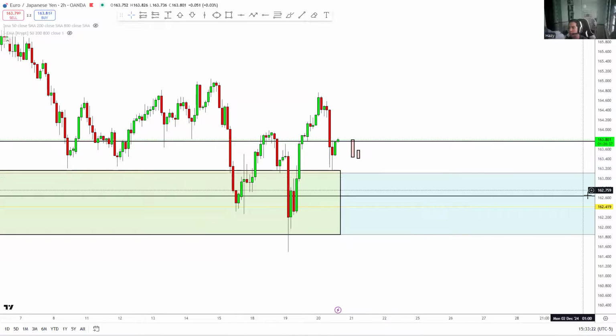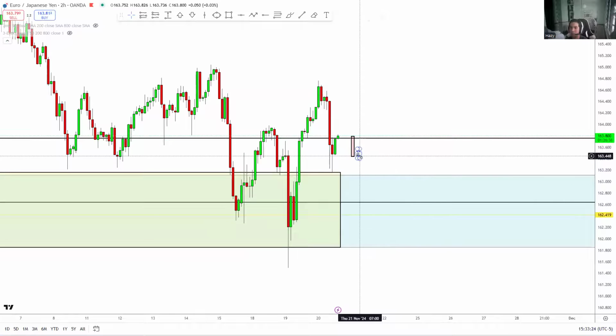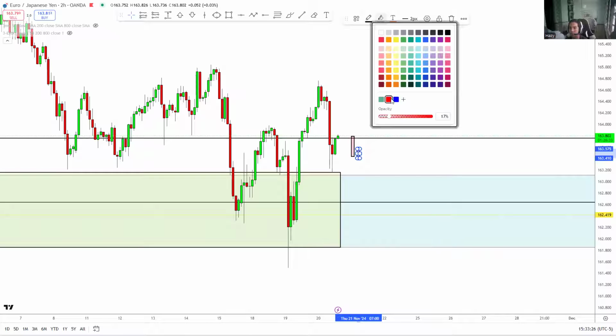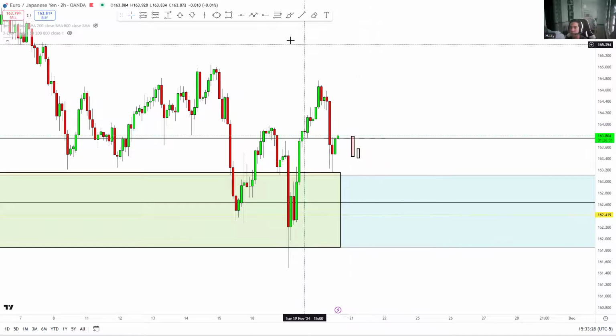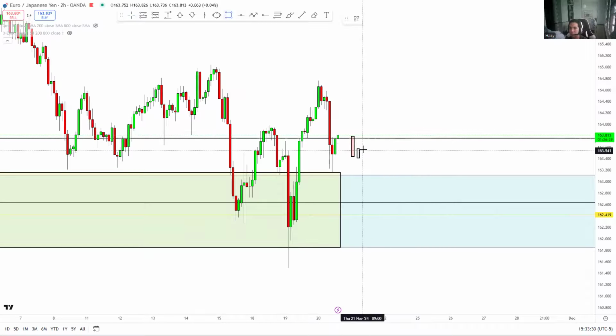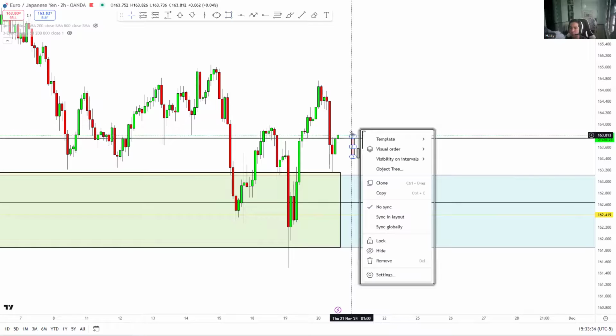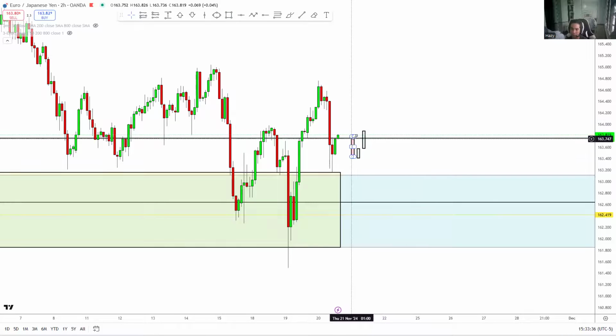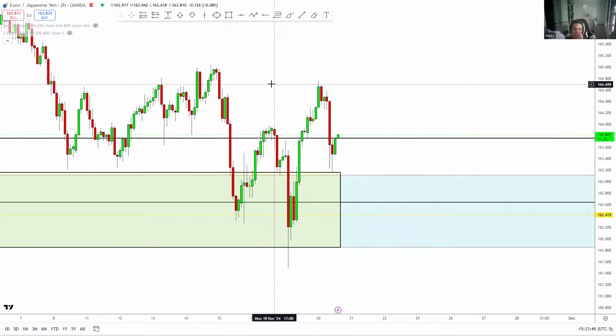In this case it has to be a bullish candle which is not engulfing the previous candle, but then the next candle will engulf the one previous to the previous candle. So this one. If it engulfs like that, then I'm entering that trade. That's pretty much what I'm waiting for on the 2 hour time frame.